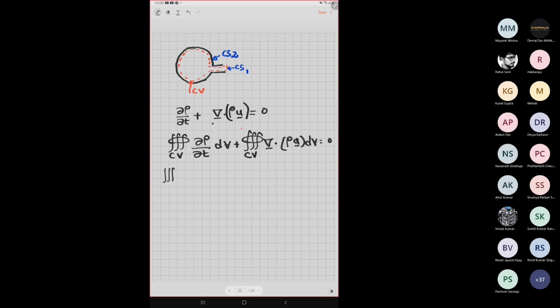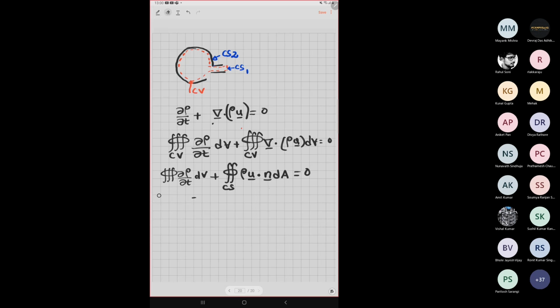So on the volume integral, del rho by del t dV plus, because of the Gauss divergence theorem, the surface integral of rho U dot n dA I have to tackle.